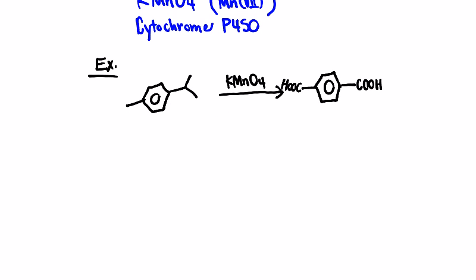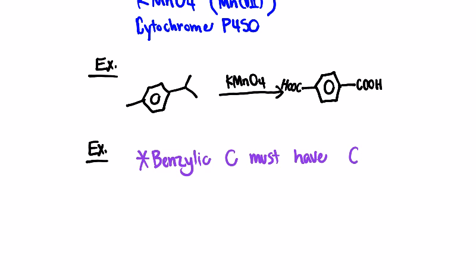There is one important caveat to this, and that one important caveat is that the benzylic position has to have a carbon-hydrogen bond available. So we'll go ahead and write that down: the benzylic position must have at least one hydrogen bonded to it in order to be oxidized.